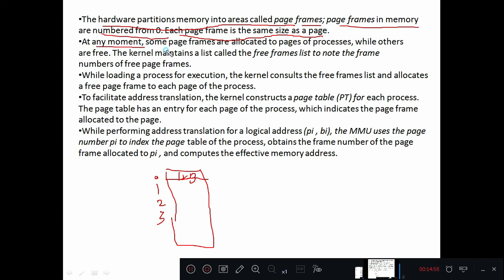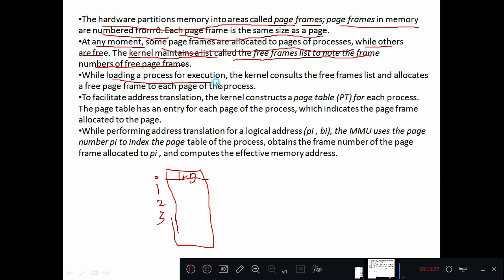At any moment, some page frames are allocated to pages of a process while others are free. The kernel maintains a list called the free frames list to note the frame numbers of free page frames, right? So some pages are going to remain free. The kernel is going to make a list of all those pages which are free.